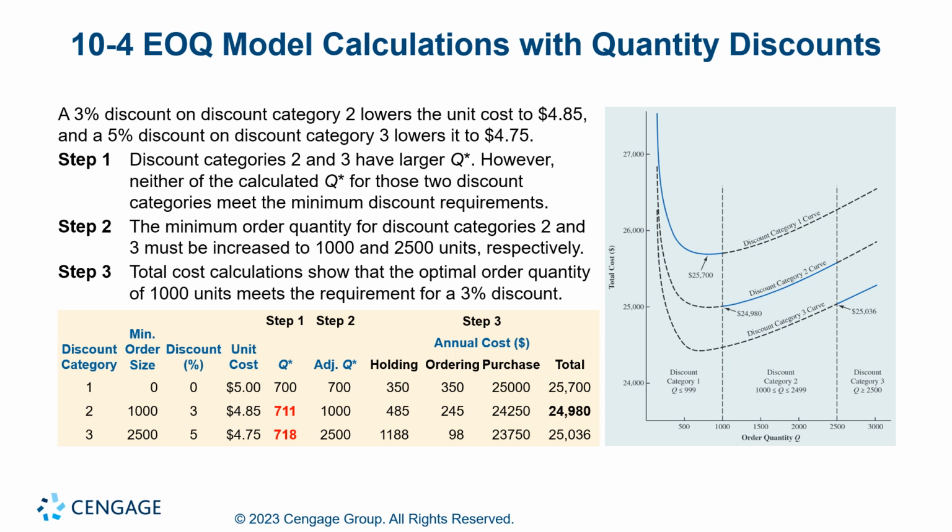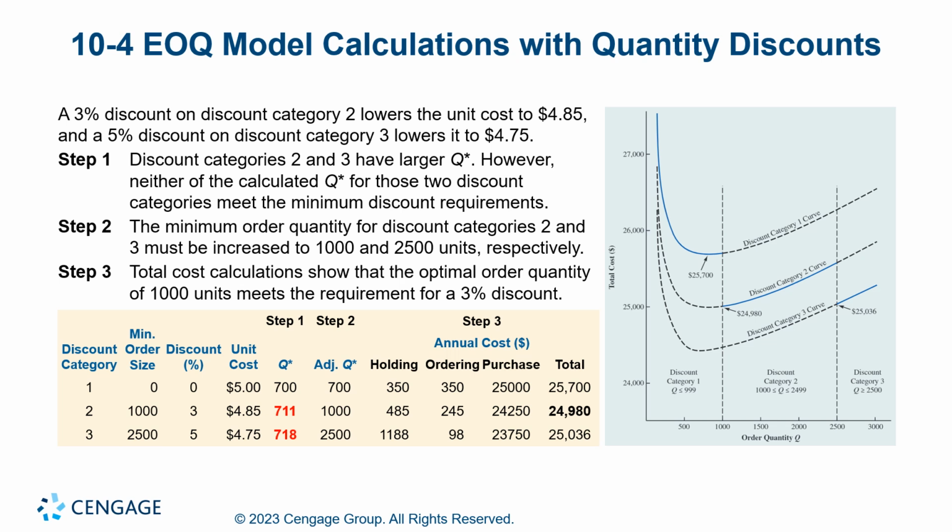In this case, first we use the basic EOQ model, and it tells you that the Q optimal is 700, without taking into account any of the possible discounts.